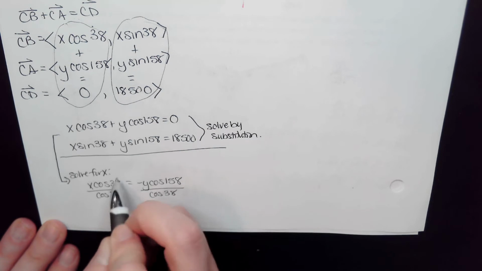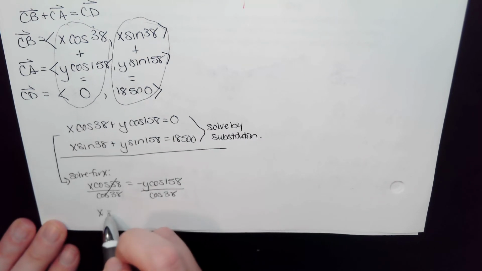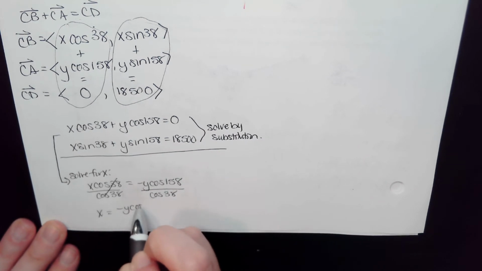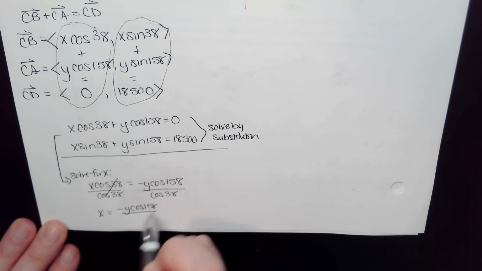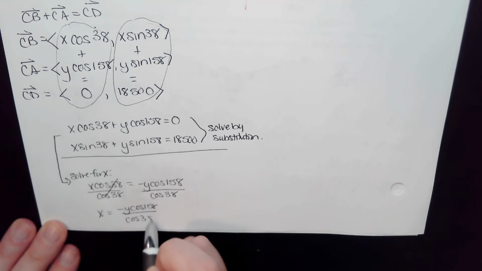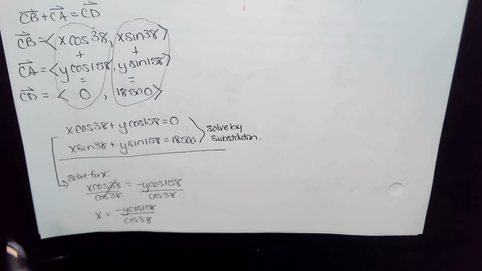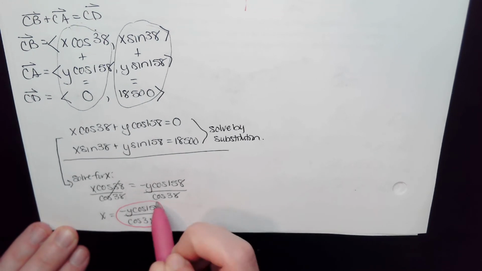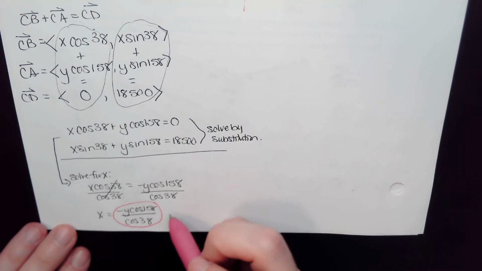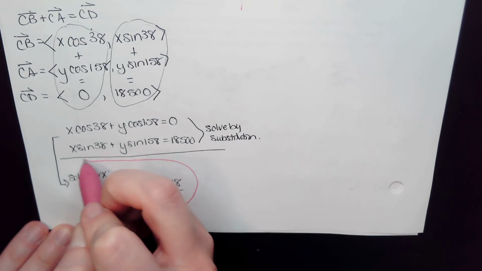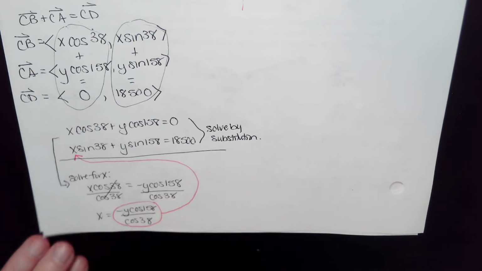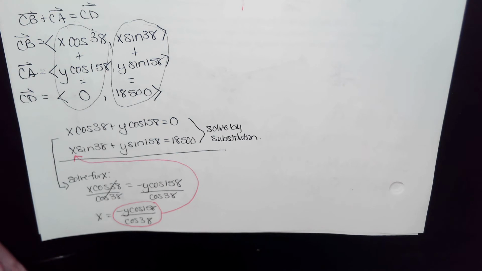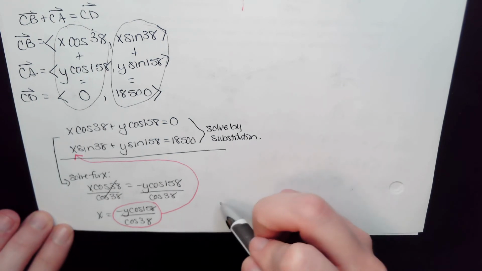So I have x equals negative y cosine 158 over cosine 38. So now I want to take that, which is equal to x, and everywhere I see an x in the other equation, so the second equation, I want to substitute that in for x. Okay, now I'm going to bring my work up to here.